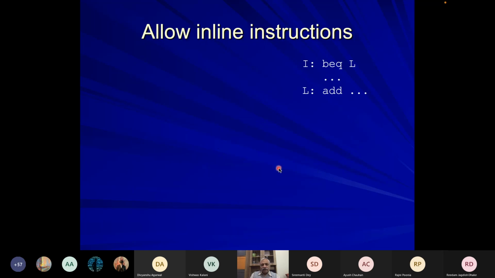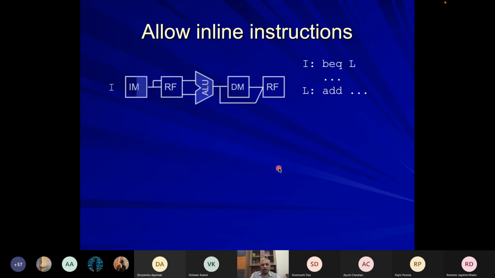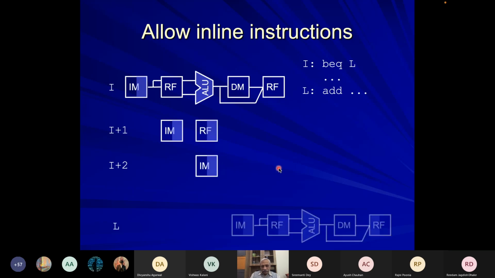The third scenario is we let instruction which is inline go on as long as we are in doubt. Okay, so I plus 1 comes in, I plus 2 also tries to come in, they continue, but after this stage we know whether we have to branch or not.